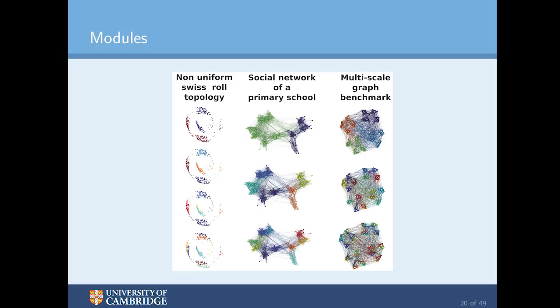And you can also have different levels of modules to make things even more complicated. So, for instance, I like this middle one, the social network of a primary school. You ask your 6-year-old, who are your best friends? They tell you, and they're linked there. Then you can make groups of students from that. But what scale do you make them at? Do you want to look for two groups of students? Maybe 5?